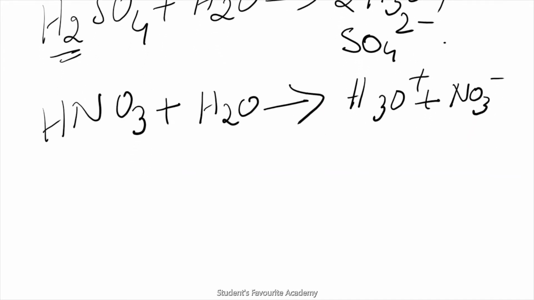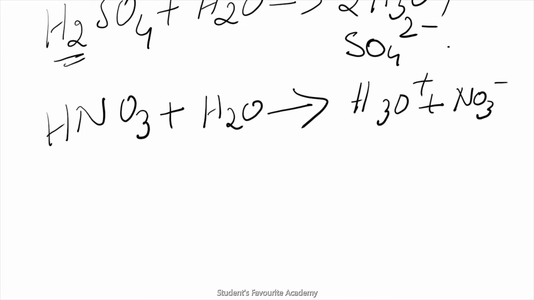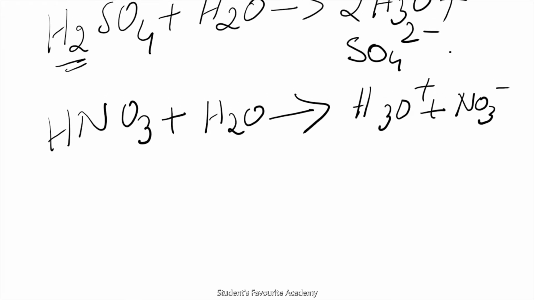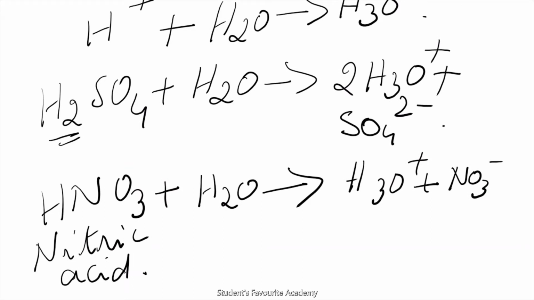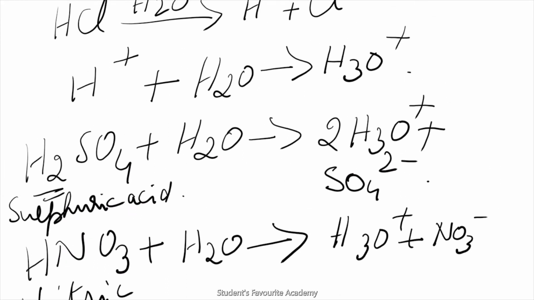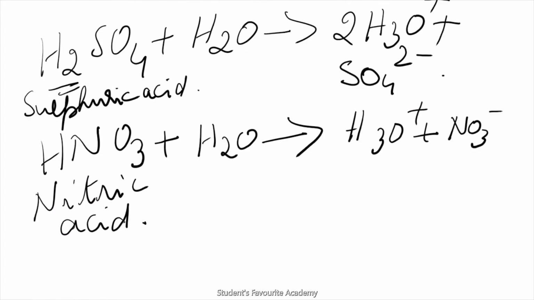So these are some of the examples. HNO3 is the chemical formula of nitric acid. H2SO4 is the chemical formula of sulfuric acid. And HCl, which you have already learned, is the formula of hydrochloric acid. Clear, children?